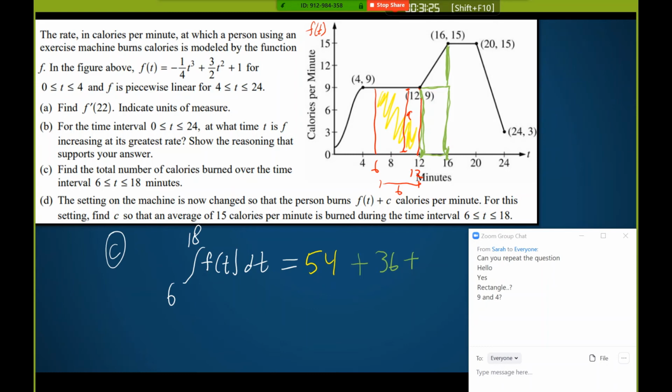So what's our area of the triangle then? What's the area of the triangle on top? Well, 12, perfect.